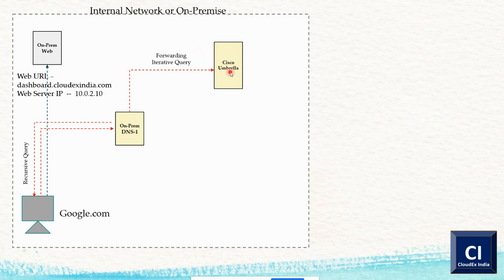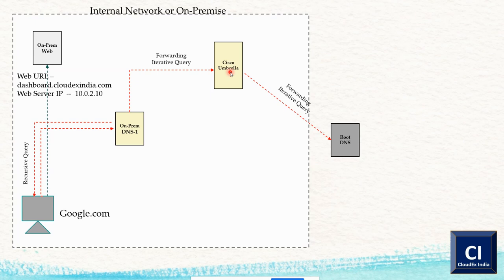Remember this part. So what does it do? Cisco Umbrella verifies your query: google.com, I don't know, but I know someone who can help me answer. I know the root hint server. So Cisco Umbrella will reach out to the root hint server, and there are 13 root hint servers in the world.